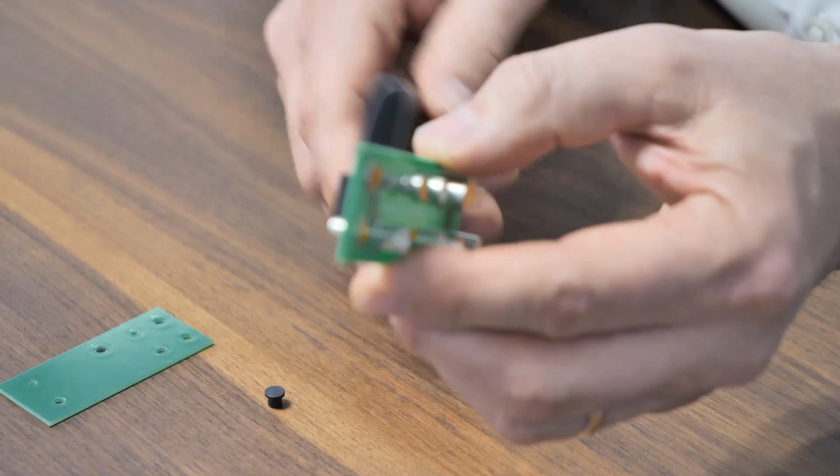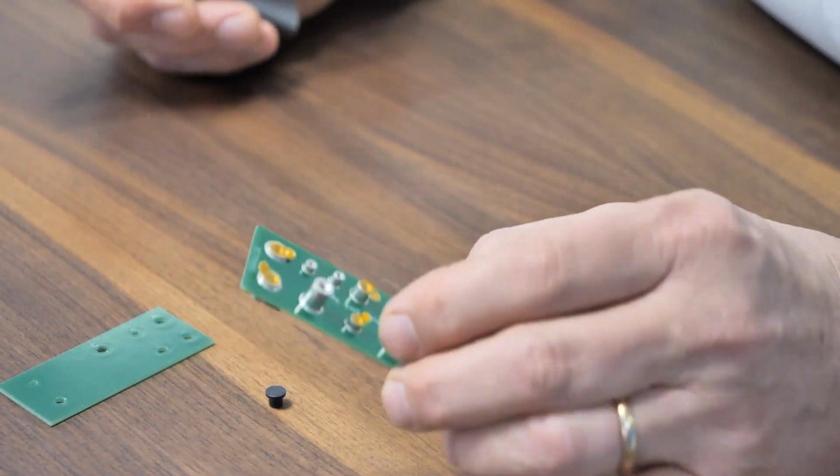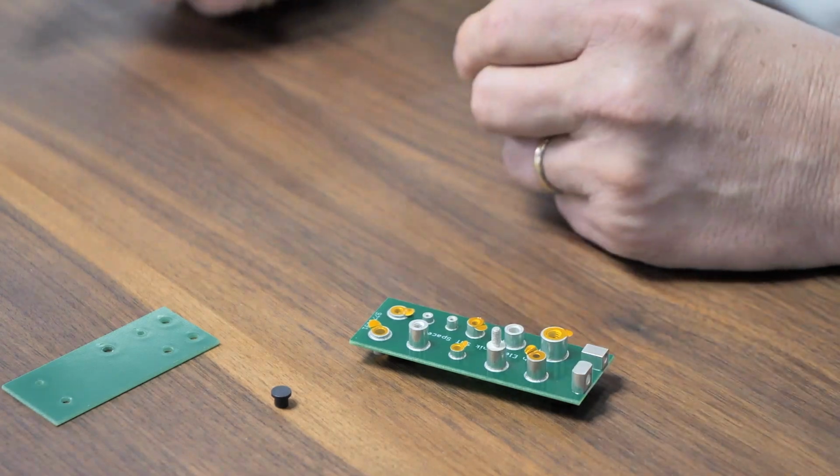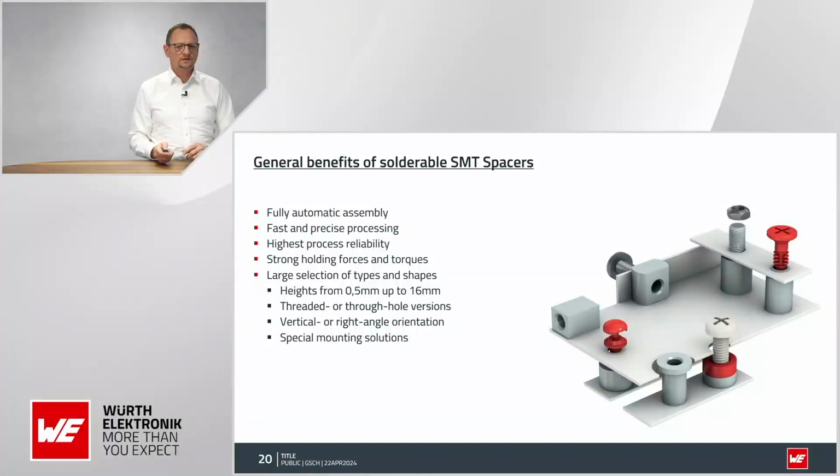The idea for this is, especially if you are using a single-sided PCB, that means you only have components on one side of the PCB, then you can use those to achieve a distance to the bottom PCB, or to the ground, to an enclosure, if you have a ground plate where you want to mount it.